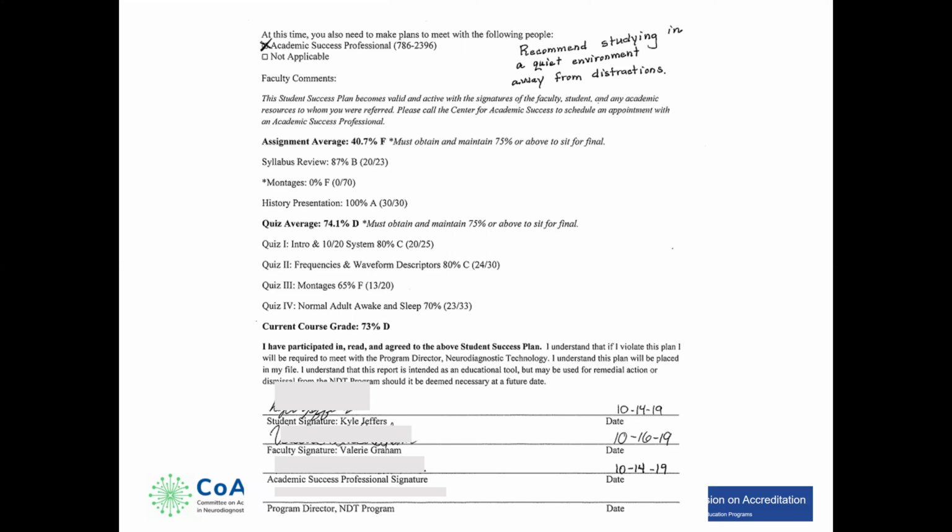Some of them will bypass the chain of command, and so we will use a success plan for that and let them know that it's probably a handbook violation.